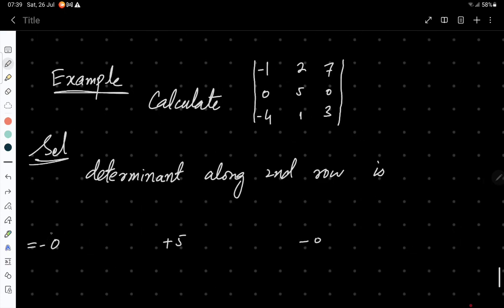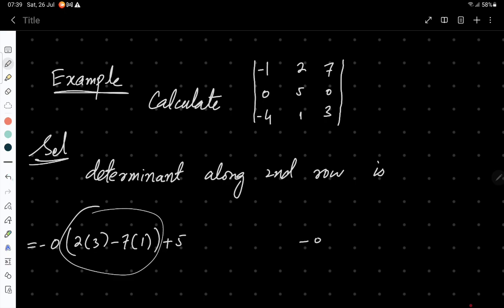So look at this -0. This is the 0. I will skip this column and this row. What is the submatrix? 2, 7, 1, 3. If I write the determinant of this submatrix, 2, 7 and 1, 3, I will get this. You can check.